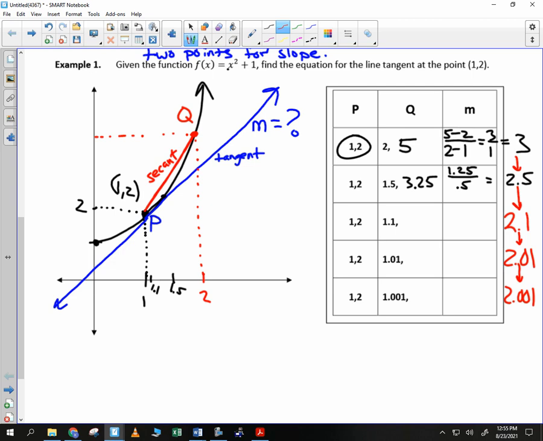So again, the word calculus means to calculate the infinitely large and the infinitely small, meaning infinitely close. If we were to move point P and point Q infinitely close together, what do you think this number is trending to? 2. Does everybody agree that the data suggests that you're headed towards 2? Yes. You have just done what we call calculate a limit.